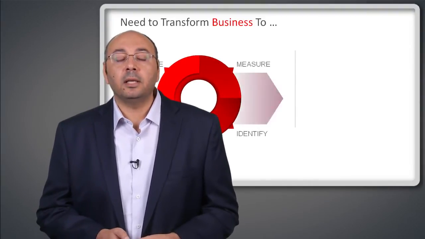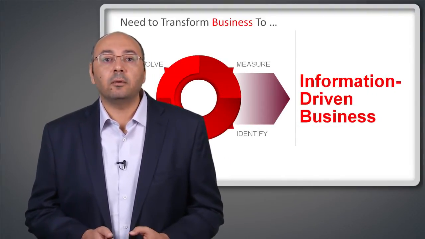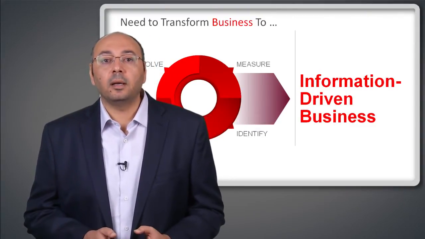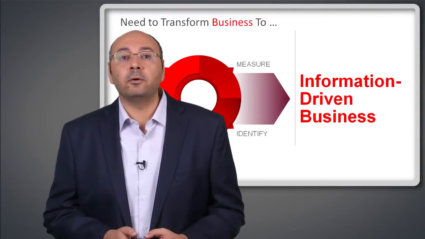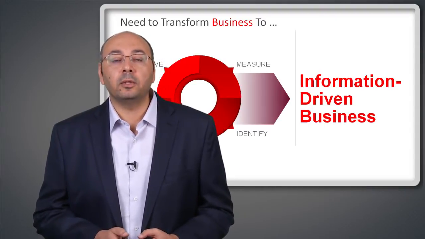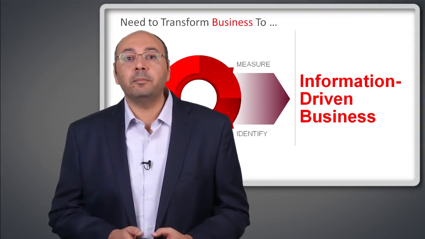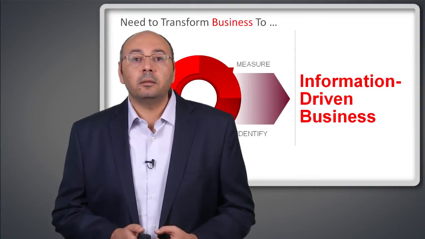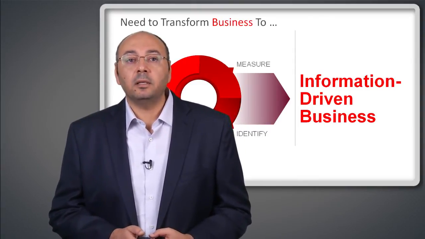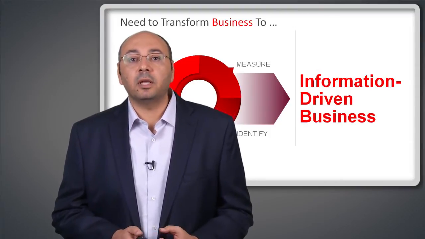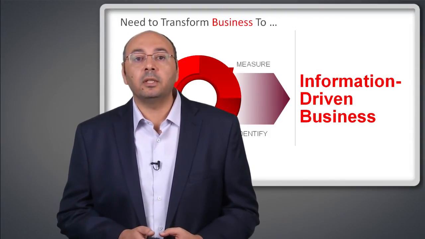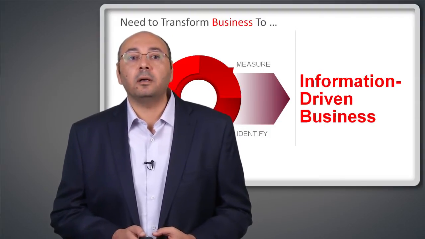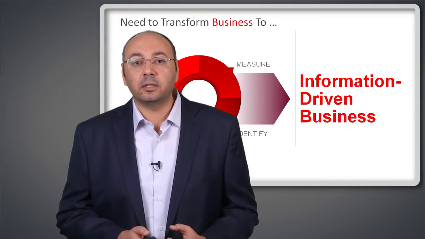That's why we came up with the idea to integrate Oracle Endeca with Oracle E-Business Suite. The idea is to transform the ERP system, using the product within E-Business Suite, into an information-driven business. The way we do that is by a circle of activity. We measure a lot of things about your data, and we show it in charts and in metrics, and we identify the problematic areas within your system.